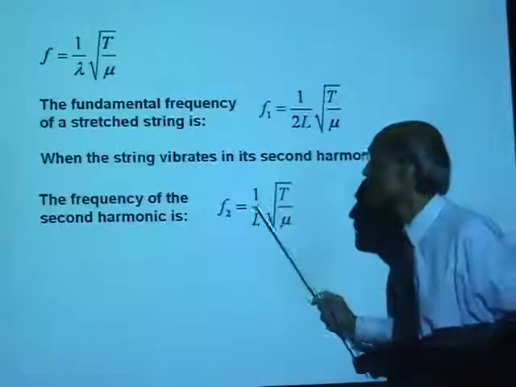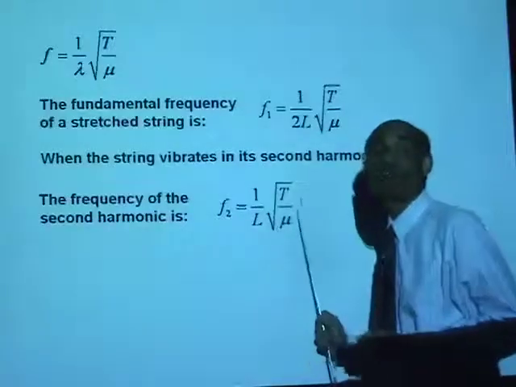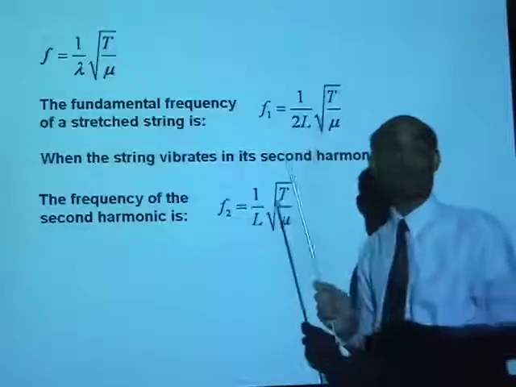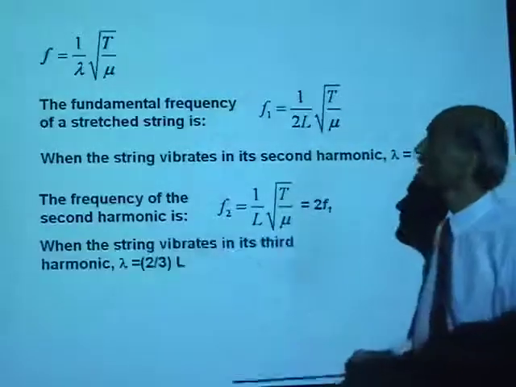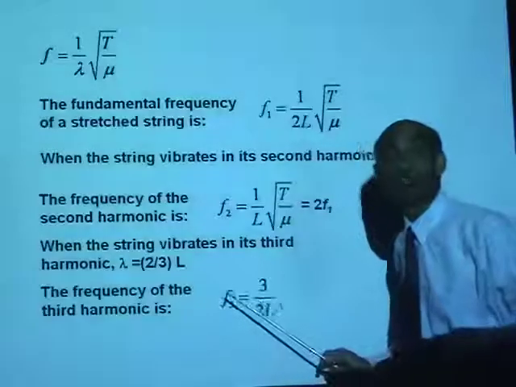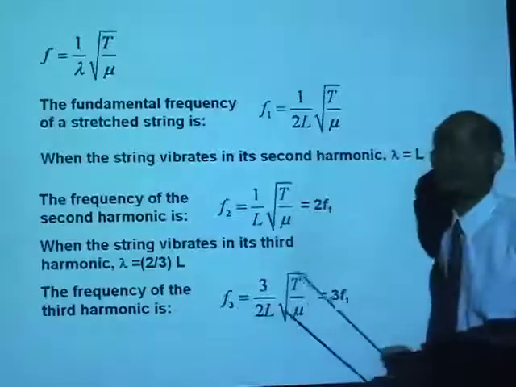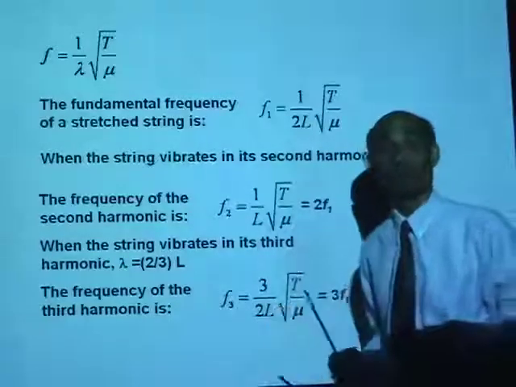F2 equal to 1 over L times the square root of T over mu. And this is equal to actually twice the fundamental. You know that. Similarly, the frequency of the third harmonic will be 3 times the fundamental. Well, all this information we already know.